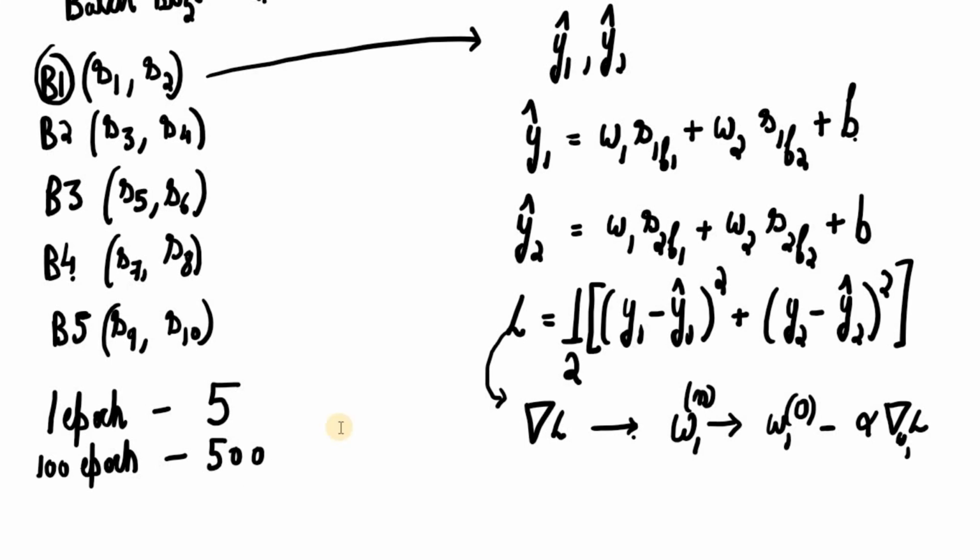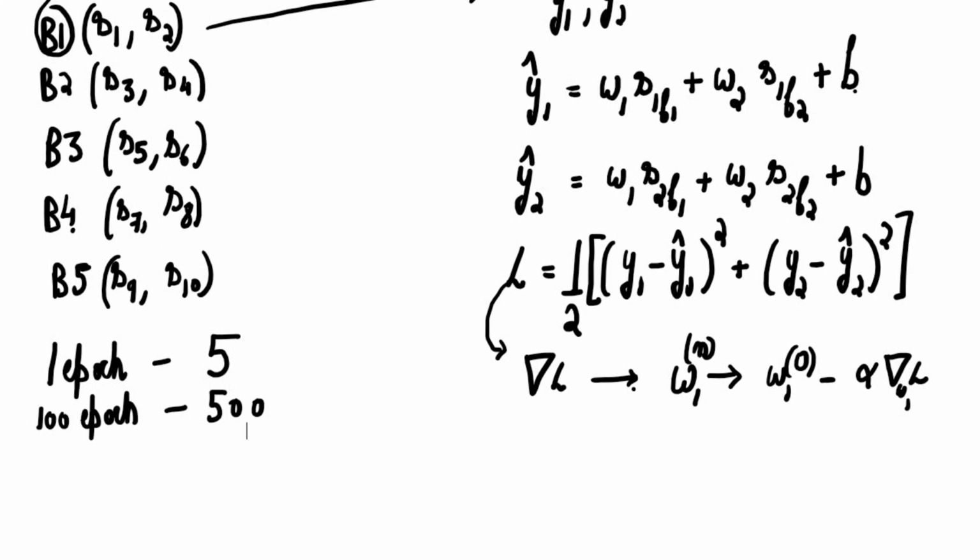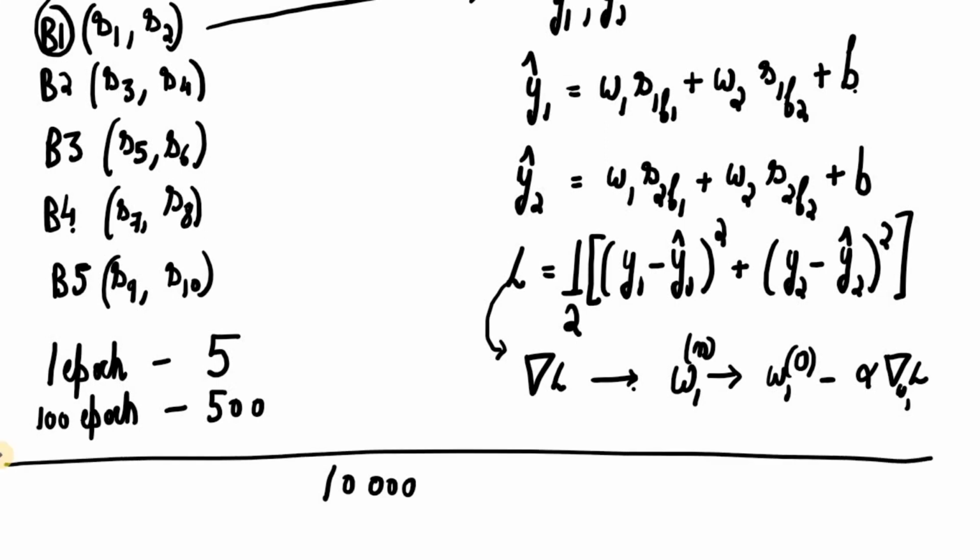Now just try to understand that if we have a very huge amount of data, and let's talk in quantitative terms, let's say we have around 10,000 data points. It's still a very small data when it comes to the concept of deep learning, but for understanding purpose, we have just 10,000 data points, and we do a pass of forward and backward propagation considering one sample at a time.